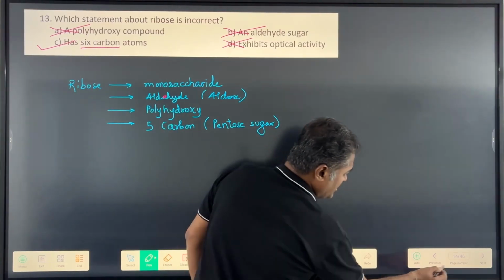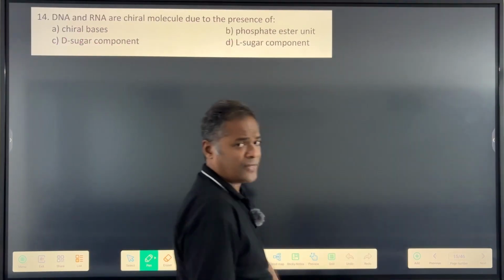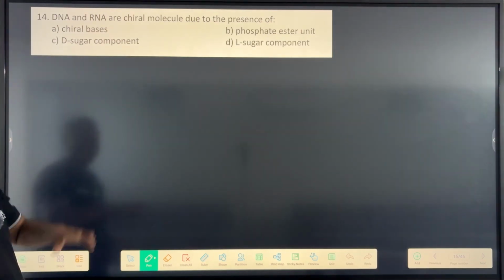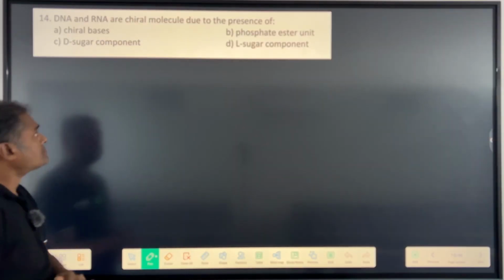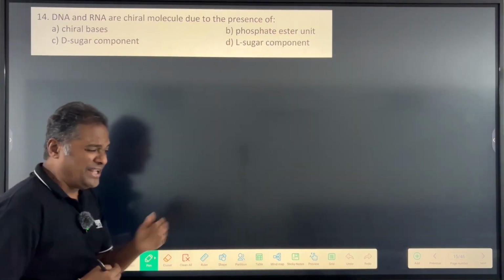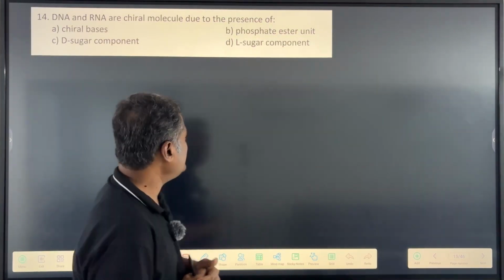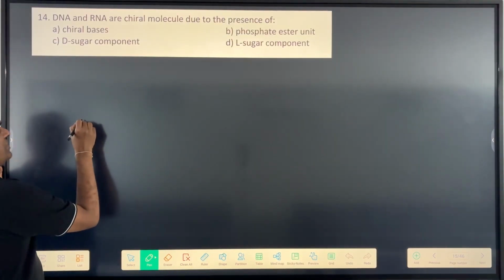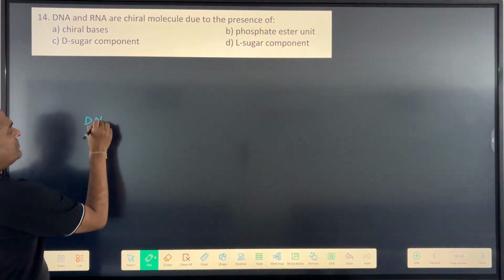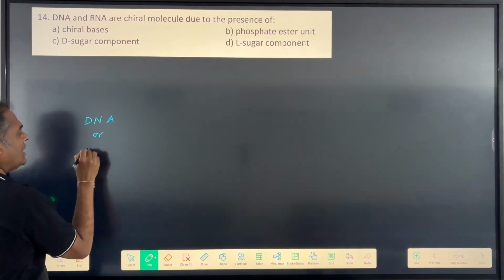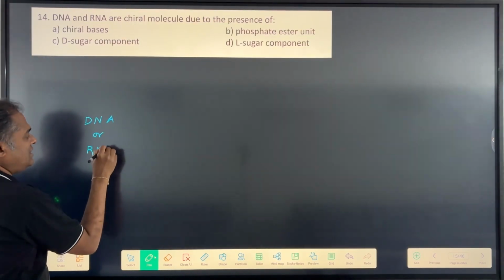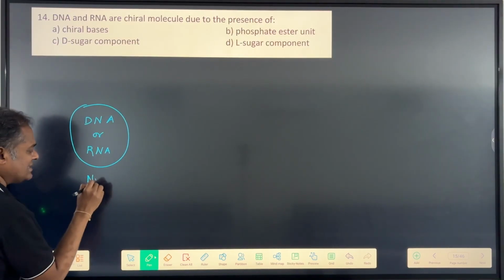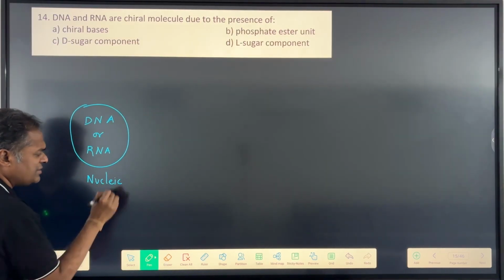So, hope so, child, what has been discussed up till now is clear. Let us proceed with the next question on the screen. Child, MCQ number 14. Now, when you talk about DNA and RNA, first of all, DNA and RNA consist of what? Whenever you say it is a DNA or RNA, basically we call this unit nucleic acid, correct?